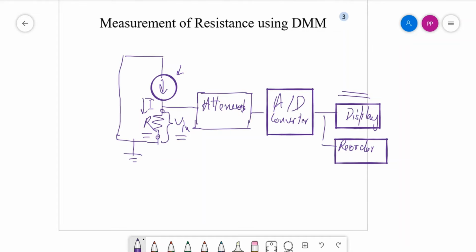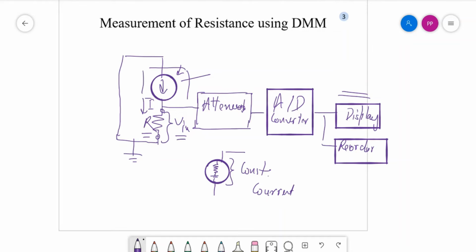Here we use a voltage source with very high resistance, so that a constant current can be produced to make the circuit work more precisely.